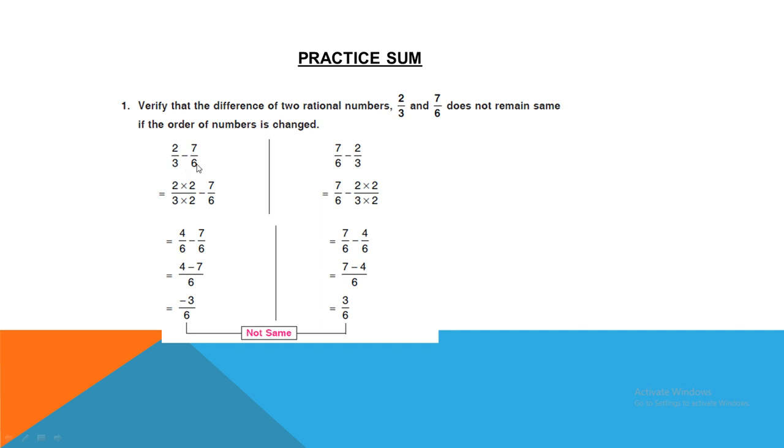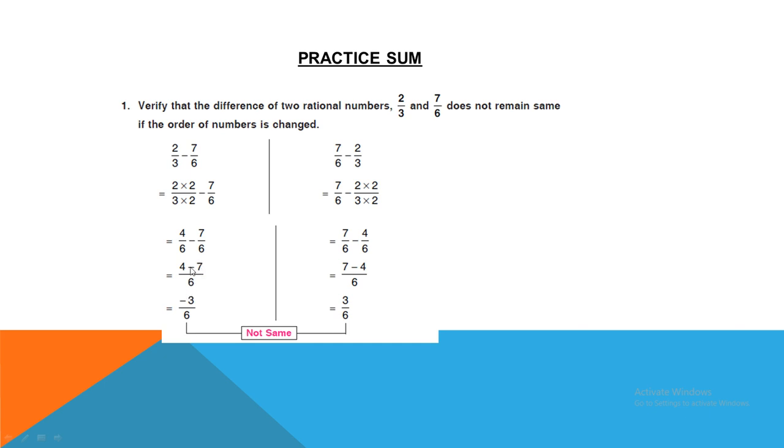LCM of 3 and 6 will be 6. So you change this denominator 3 by multiplying with 2 to get 6. Multiply numerator and denominator with 2. So it will change to 4 by 6 minus 7 by 6. So 4 minus 7.